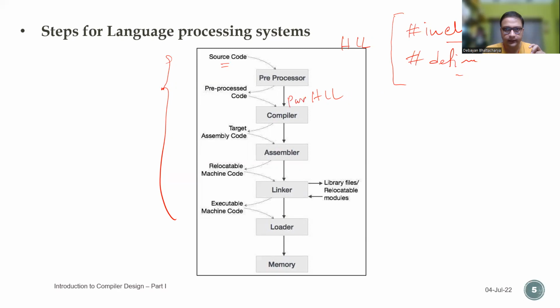That pure high level language is taken as input by the compiler. The compiler then converts it into assembly level code, which is taken as input by the assembler, and the assembler creates relocatable machine code.